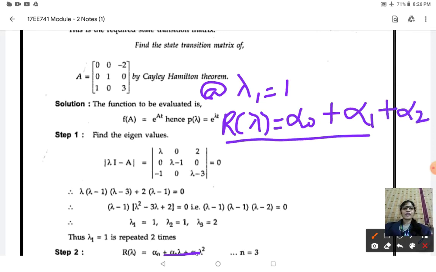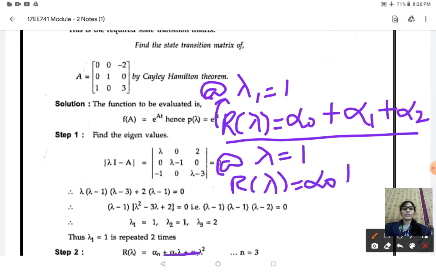It is the remainder polynomial equation at lambda is equal to 1. In the same way, the second one is at lambda is equal to 1. Same thing, your r of lambda is going to be alpha naught plus alpha 1 plus alpha 2. It is your second equation.